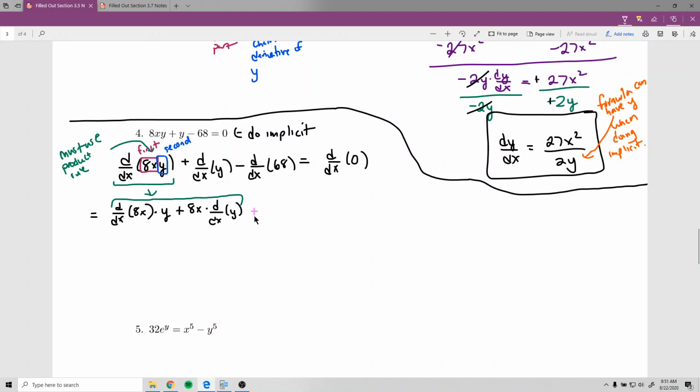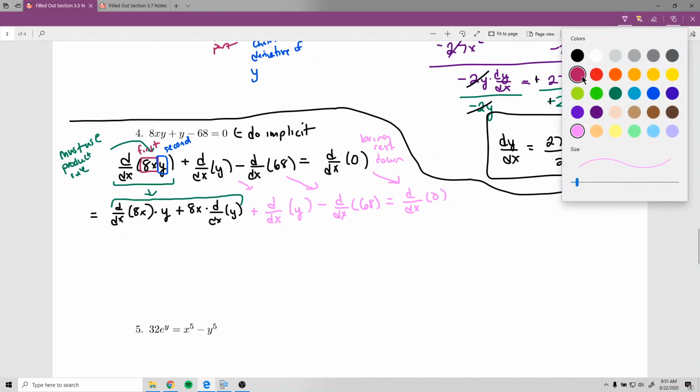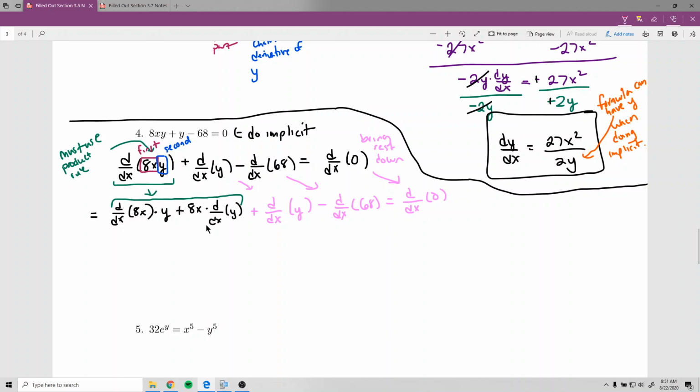If you want to do the derivatives of them already, you can. If you want to just wait and do it all at once, that's up to you. But now that we took care of the product rule, now we can do the individual derivatives.